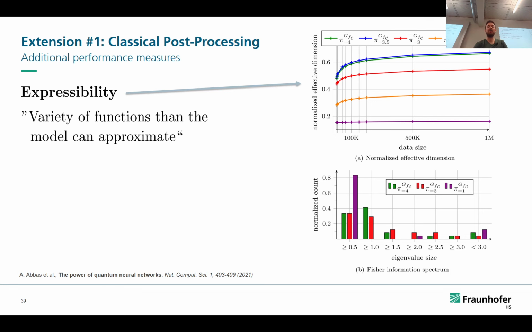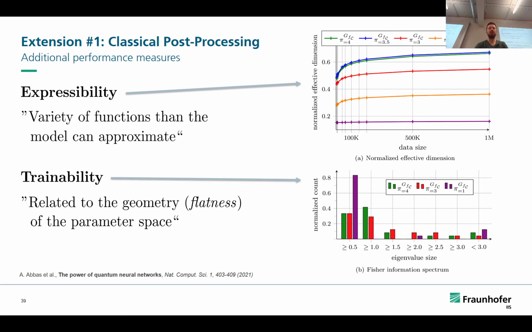It turns out that for better post-processing functions, the range of functions we can approximate is much bigger. And also for trainability, so how easy it is to find a good parameter set for our model, it turns out that for those more sophisticated post-processing functions, it's typically easier to train. So those are, we believe, the two main ingredients that are the reasons why there's this big difference in using different post-processing functions.